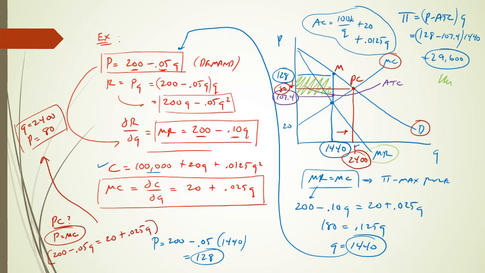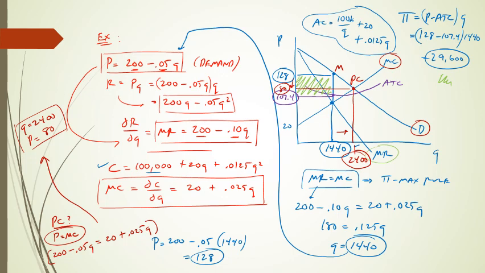So MR is 200 minus 0.1 Q. We set that equal to 20 plus 0.025 Q, and then we solve and we get a quantity of 1440. Up on the graph, MR and MC intersect at a quantity of 1440. And now we choose the highest price for which 1440 will be purchased.